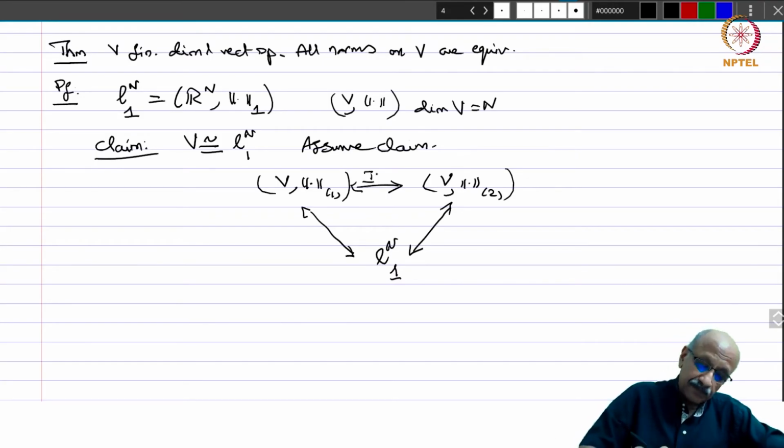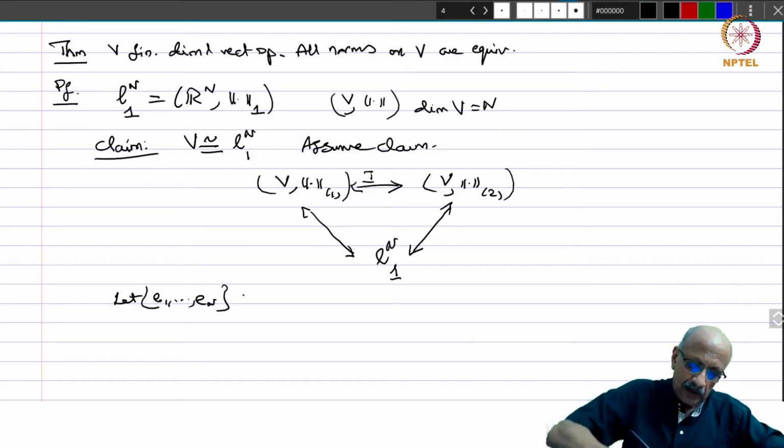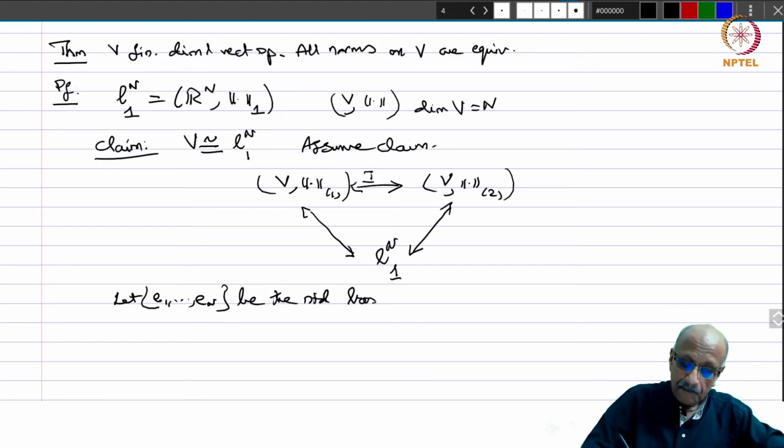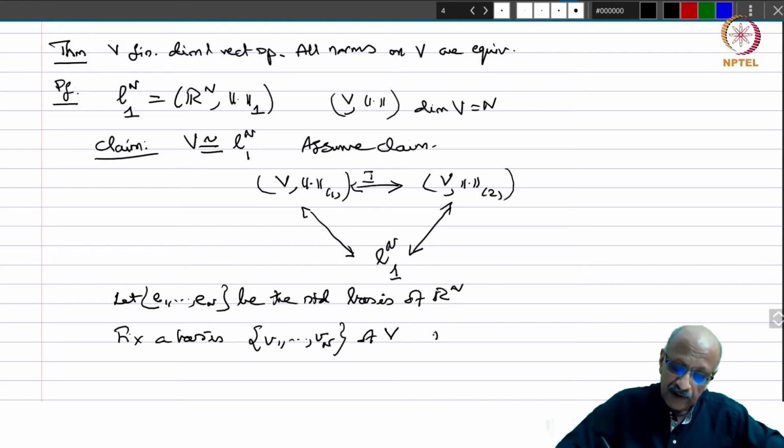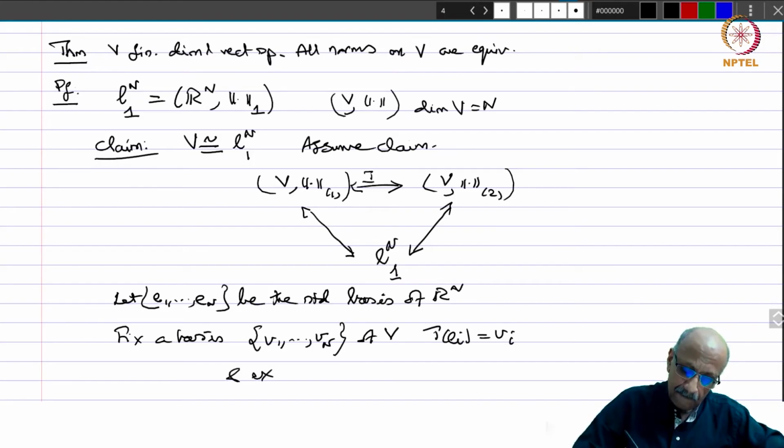So proof, so let E1, ..., En be the standard basis of Rn. Fix a basis V1 to Vn of V, and you define T of Ei equals Vi and extend linearly.